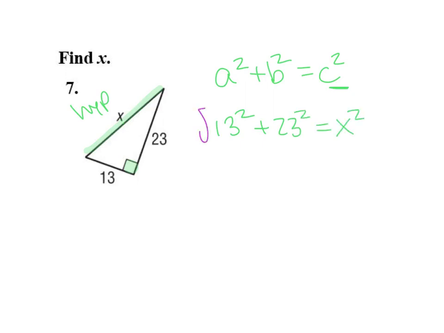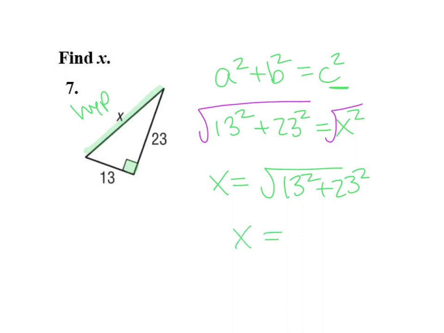We want to take the square root of each side. So x is going to equal the square root of 13 squared plus 23 squared. Type that in the calculator and you get x equals 26.4197, or you could say x is about 26.42.